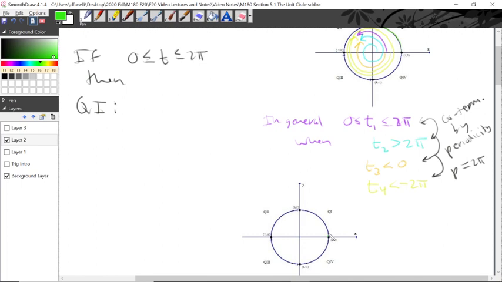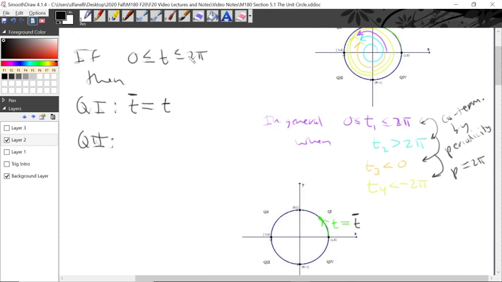Notice here that the value of t would be exactly equivalent to the reference number. In other words, if we're in quadrant 1 and t is between 0 and 2 pi, then t is between 0 and pi over 2 already, so t is already equal to the reference number.